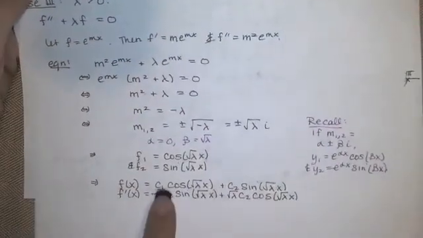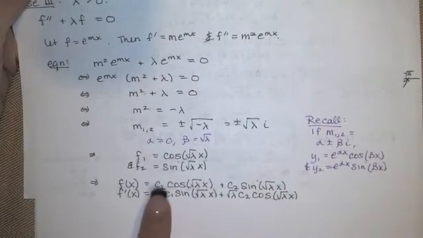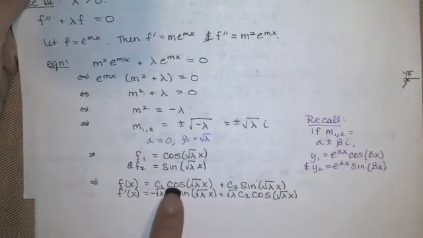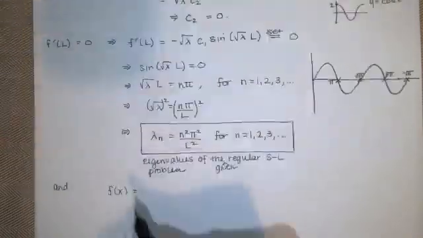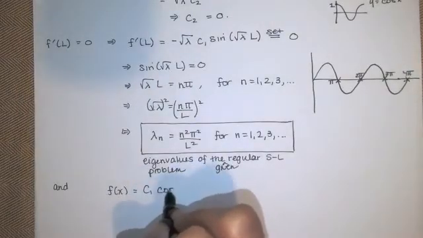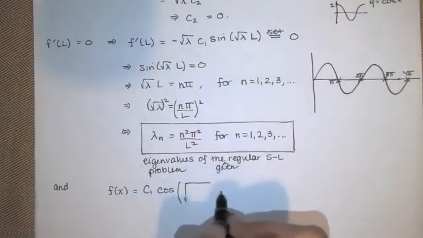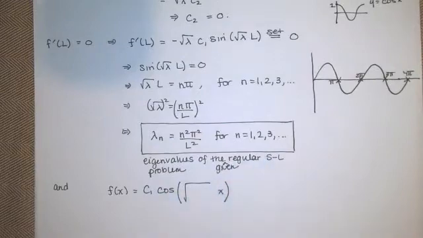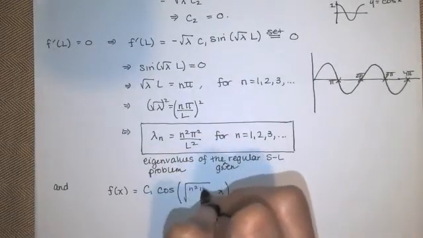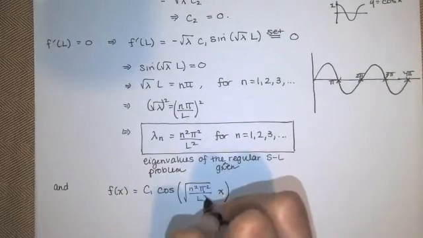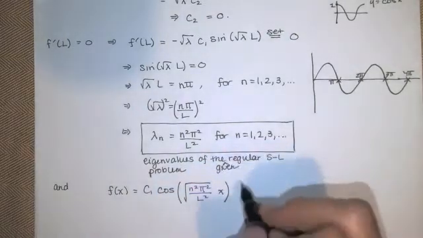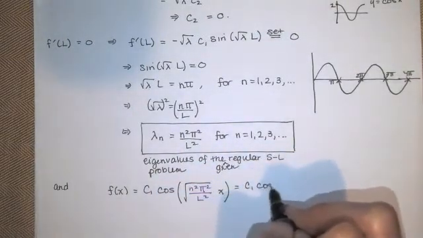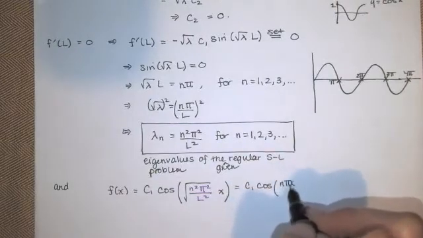So that means this piece is gone. So the functions are actually going to look like this. It's C1 times cosine of the square root of lambda times x. But lambda is n squared pi squared over L squared. So you've got C1 times cosine of n pi x over L.